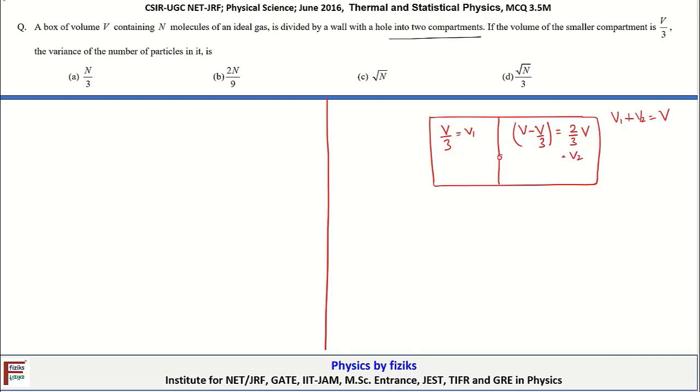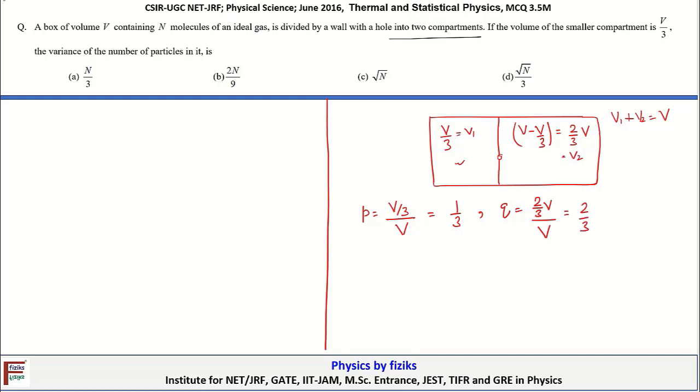The probability of finding a gas molecule in one part of this box, whose total volume is V, in the sub part whose volume is V by 3, let's call that P. P is equal to the volume of the part divided by the total available volume, so P comes out to be 1 by 3. Similarly Q is equal to the available volume of this other part divided by the total volume, and that is equal to 2 by 3.